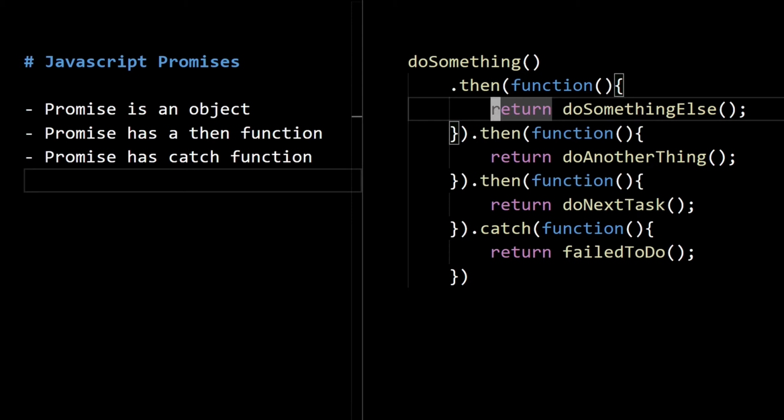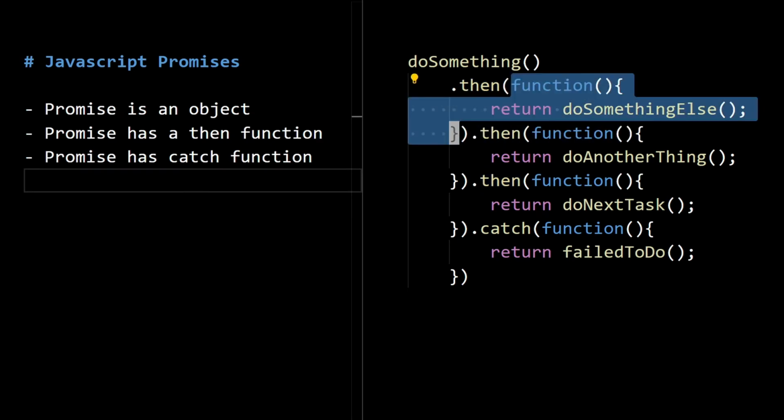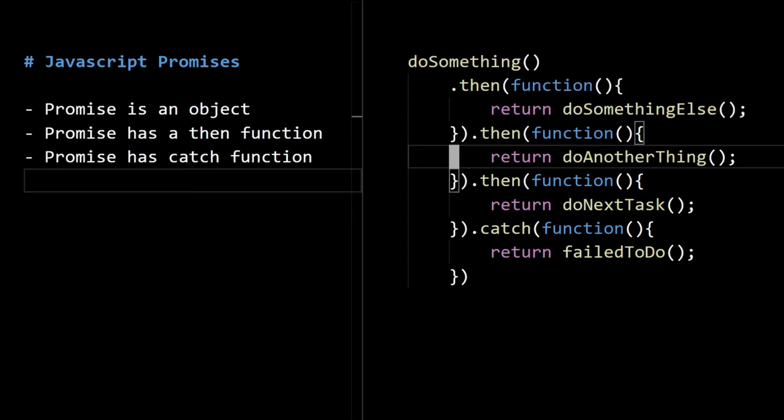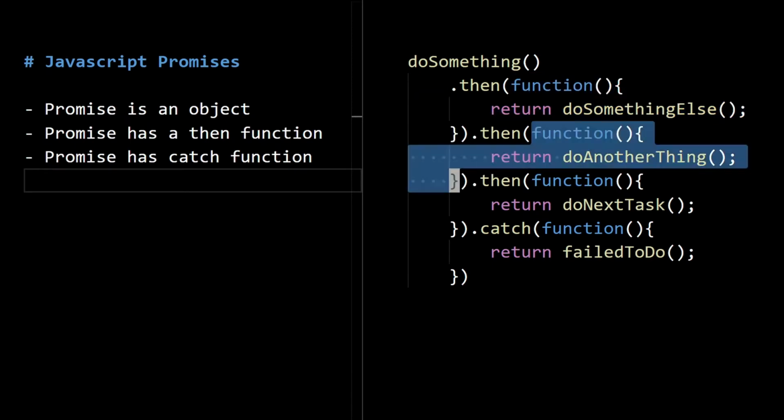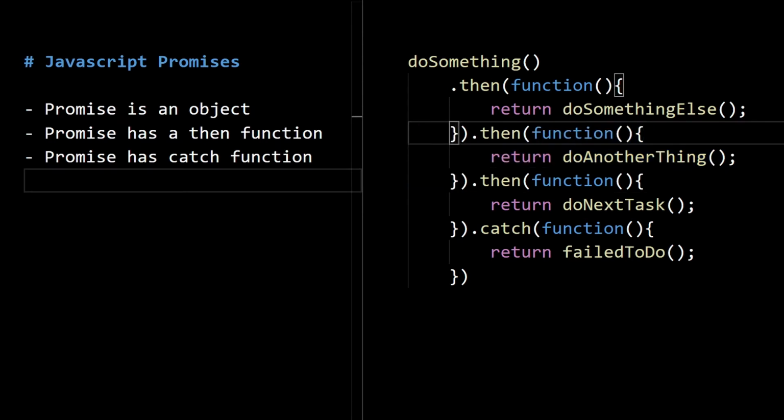Now try to find out the behavior of this. So here you can see that in then function we are passing a different callback. This callback is going to be called in the future sometime. Similarly, in the next block also we are passing a callback. So from this example we can find out that promise has a state.